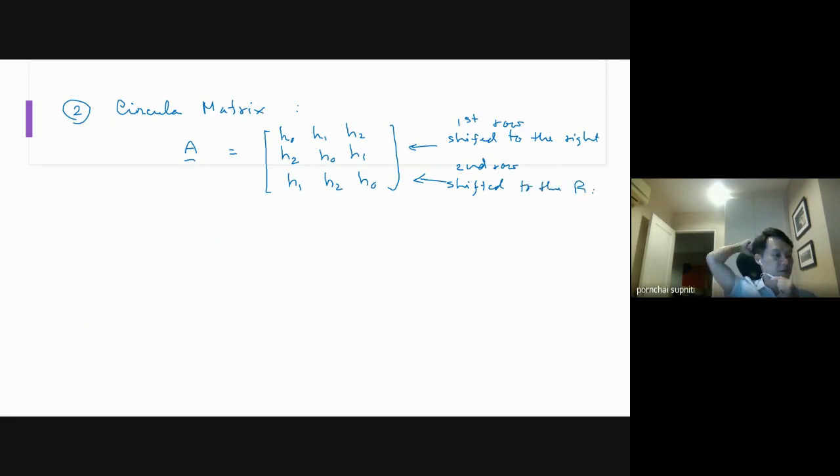So why is this an interesting matrix? Let's take a look. First of all, if I multiply this A matrix with 1, 1, 1, what do I get?